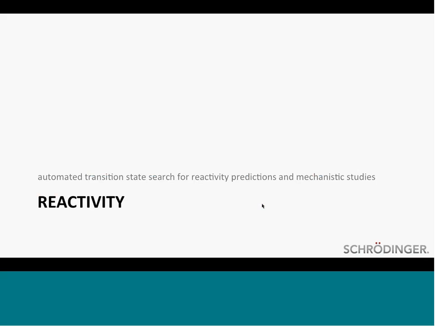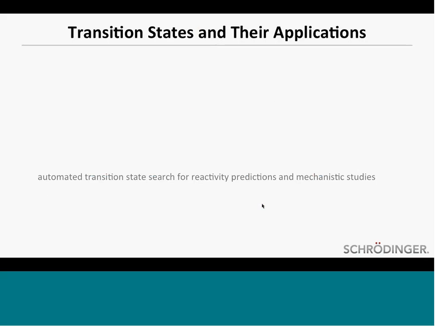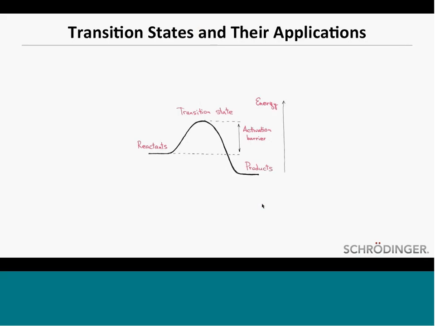So without further ado, I want to move on to two of the most important applications, one of which is reactivity. You can imagine reactivity something like this, where you have reactants and products that are connected by a transition state. And the difference between the reactant and the transition state is the activation barrier. And what we want to get at is this transition state.